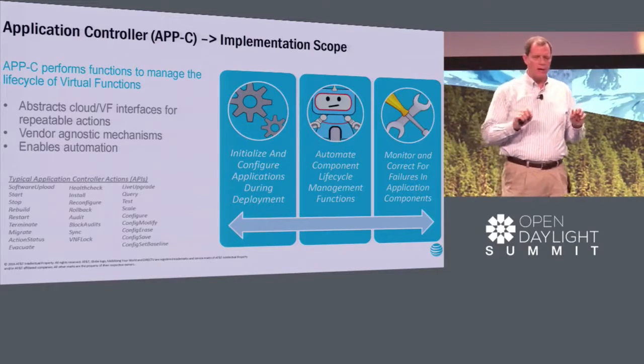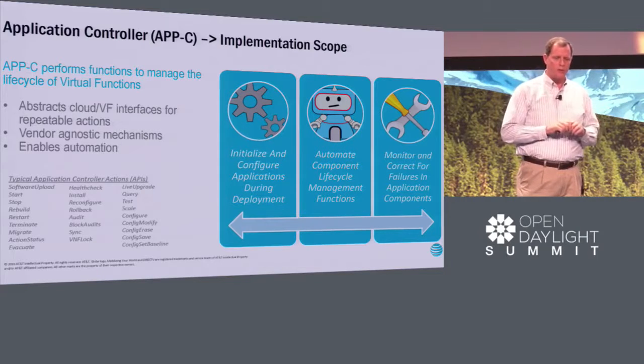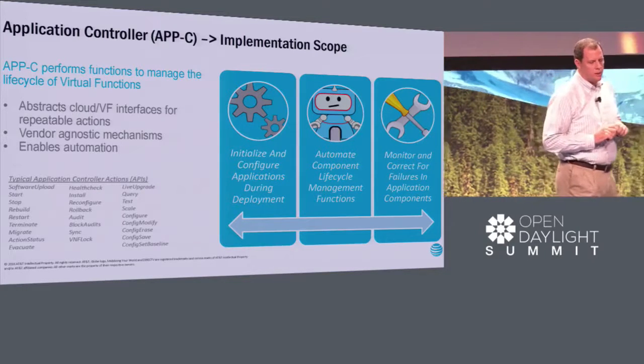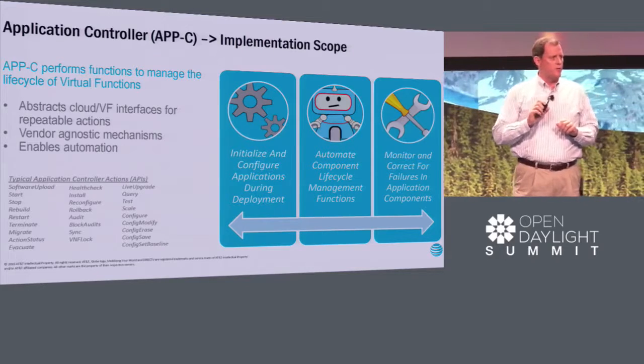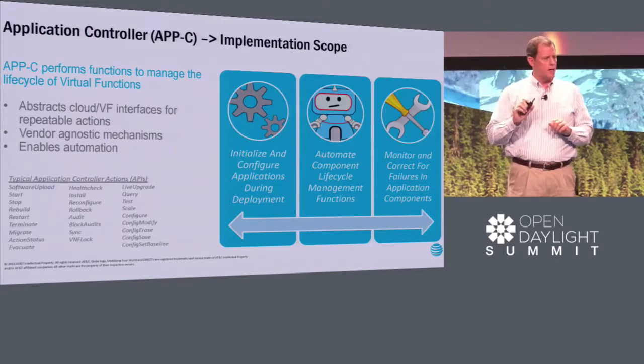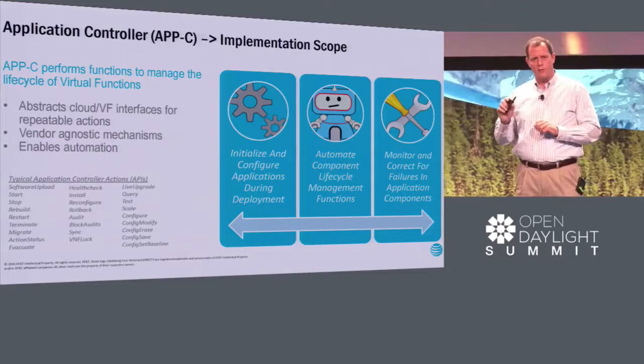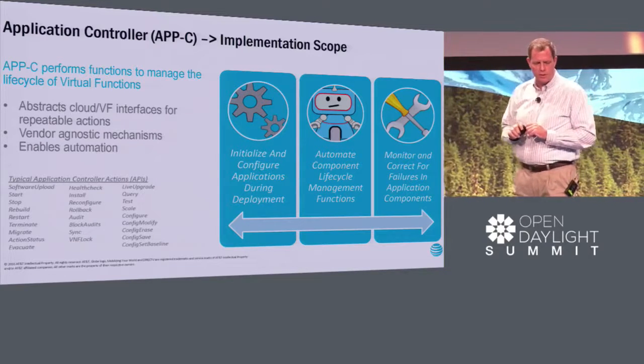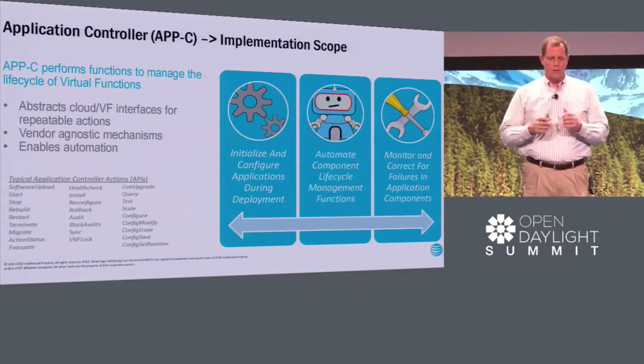So we abstract the cloud, the virtual function or virtual network function interface to do this in a repeatable way. This is done in a vendor and VNF agnostic way. I'll just repeat that, vendor and VNF agnostic way that this is done. And obviously it allows us to enable the automation to do this.